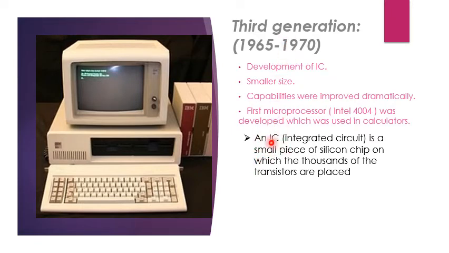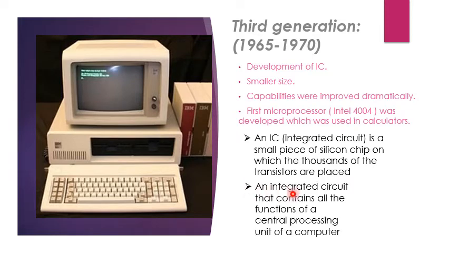You can say that there is a small object in the computer of third generation named IC, integrated circuit, on which thousands of transistors are used. So it is going to be much better than the second one even. An integrated circuit contains all of the functions of the central processing unit of a computer, meaning it can do all of the work of the CPU.